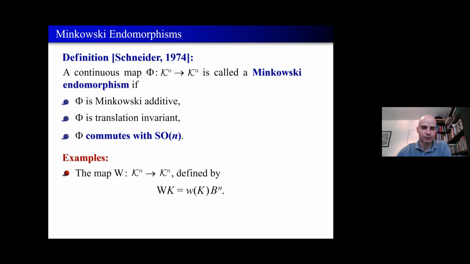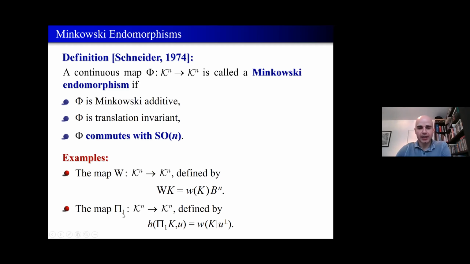The first one, which I call capital W, is defined by mapping every convex body to a ball, where Bn is the unit ball, and the radius of the ball depends on the mean width. So every convex body is mapped to a ball of radius mean width of K. This would be an example of a Minkowski endomorphism.